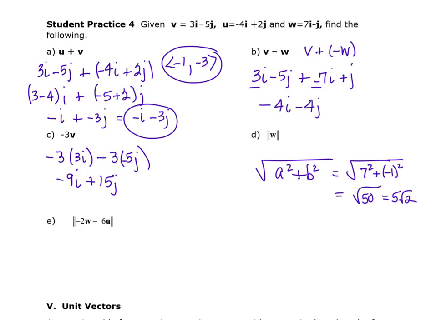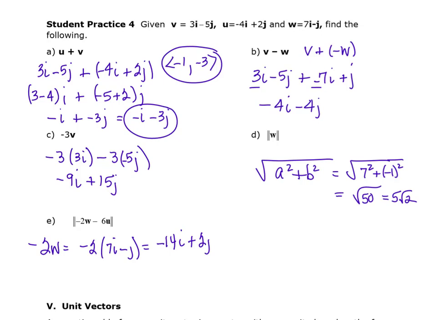And then the last one, for part E, I first want to find negative 2w, which is going to be negative 2 times 7i minus j, which is going to be negative 14i plus 2j.